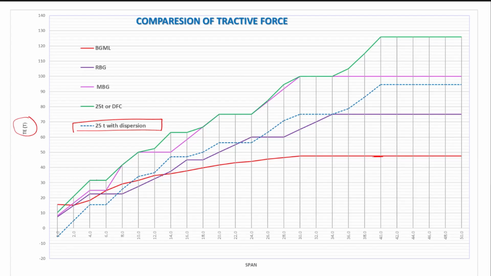You can see in the graph, near about 10 to 12 meter with the dispersion it is coming. But beyond that it is increasing. So every substructure has to be checked separately. Most of the substructures are passing because we have a lot of redundancy in our stresses or in the strength of the substructure. Okay, sir, thank you.